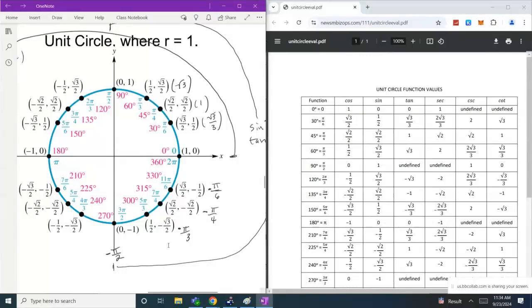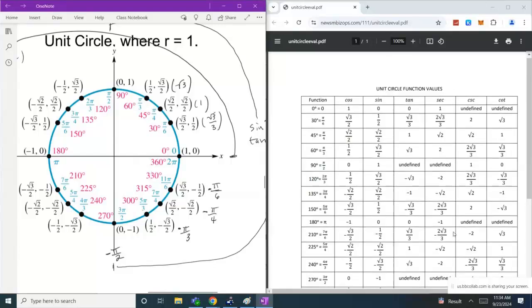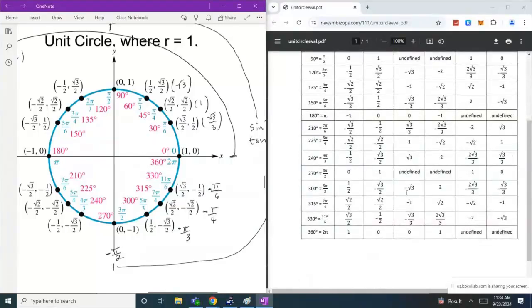And then I'm going to do the same thing down here. So for 11 pi over 6, which is 330 degrees, the tangent should be negative square root of 3 over 3. So I'm just going to jot that in right here, negative square root of 3 over 3.